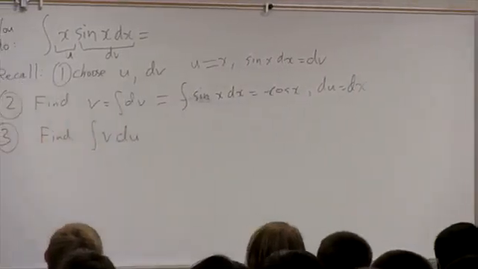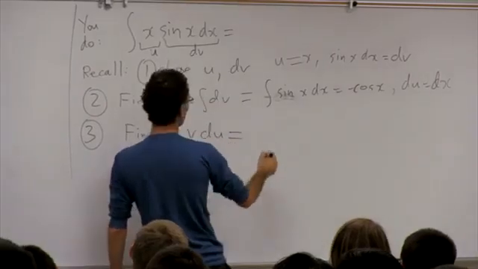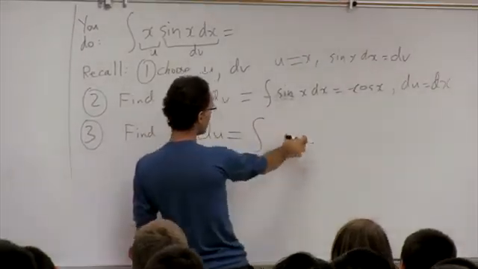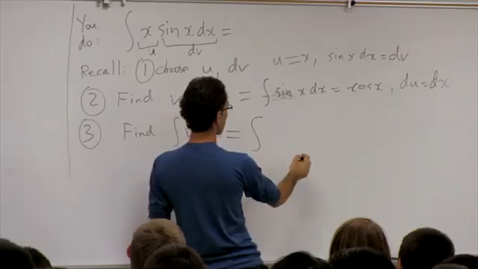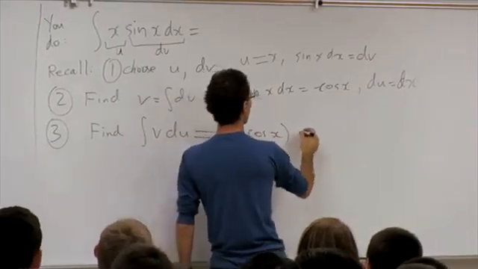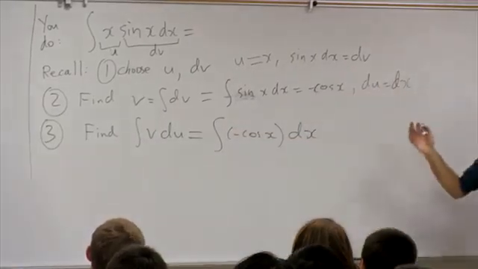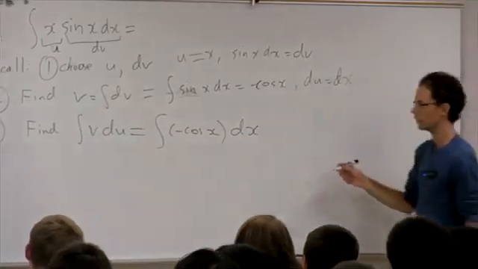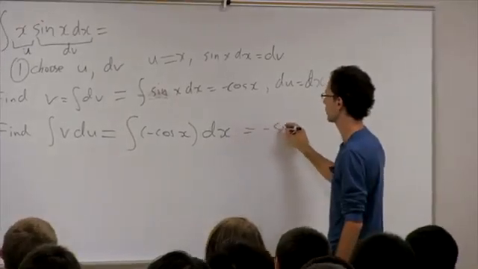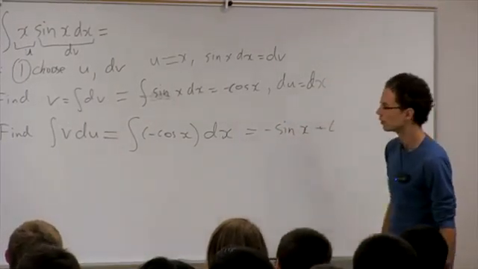And then the last thing was this integral here, which is the integral of v, being minus cosine x, times du, which is dx. And this is an integral we can do. The integral of minus cosine x is minus sine of x plus a constant.